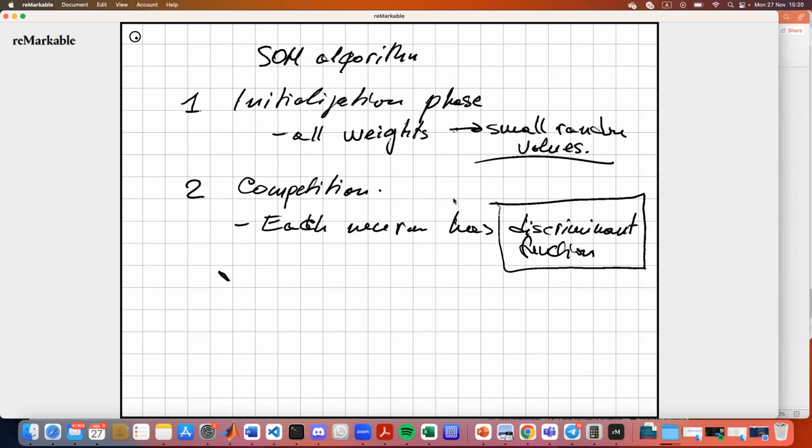If you have vector X, it is input into the discriminant function for neuron i.